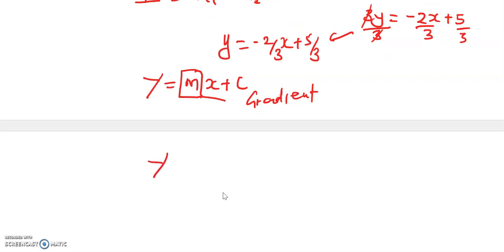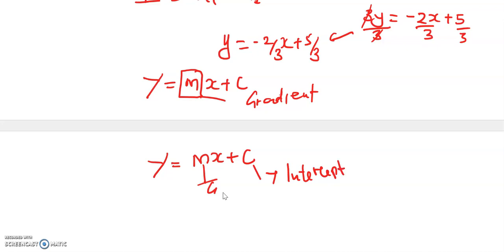So y is equal to mx plus c. We have said this is the gradient and this is the y-intercept.